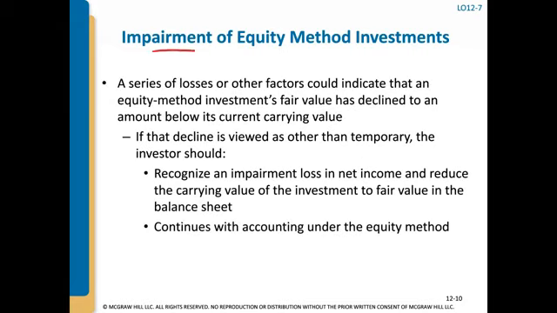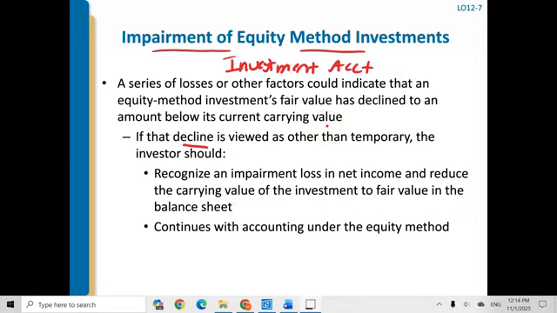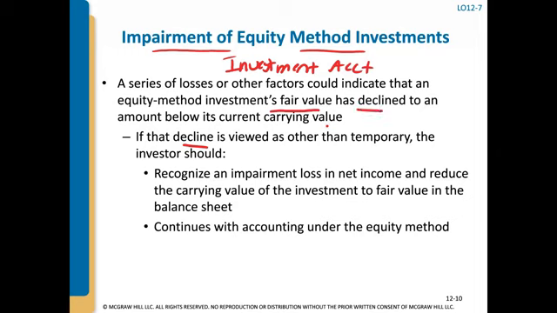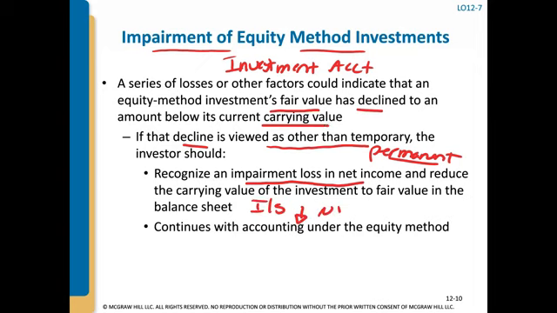Let's talk about impairment of the equity method. So we're talking about the investment account on our balance sheet. If we see that the investment's fair value has declined below its carrying value, and we would think it's viewed other than temporary, so basically if we think this is a permanent decline in the fair value of the investment below its current carrying value, then we would recognize an impairment loss in net income, which means our net income will actually go down.